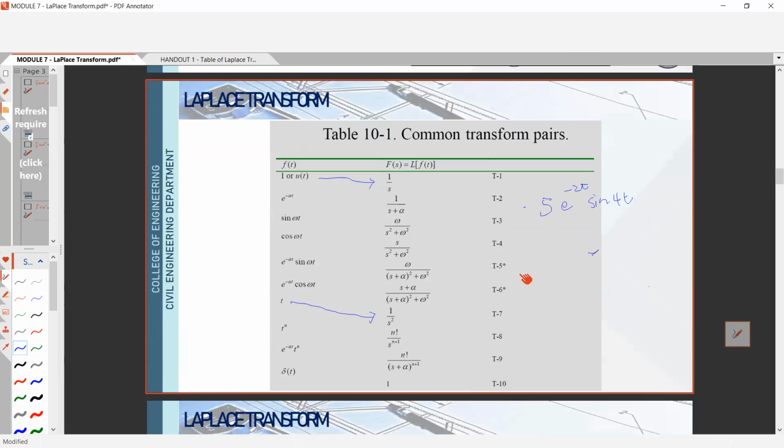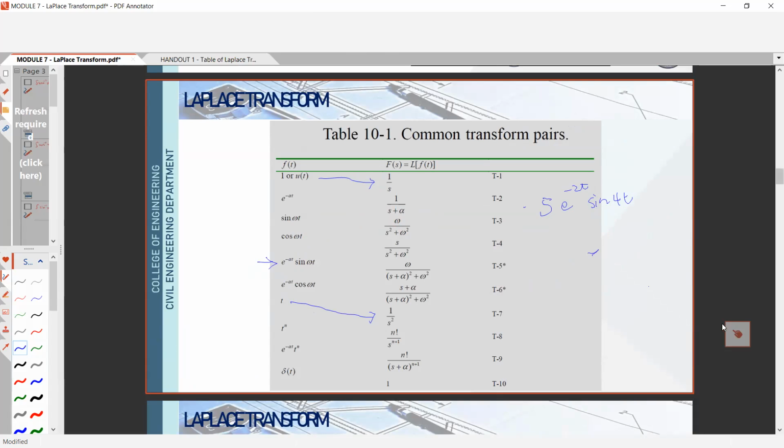Okay, so hanap tayo ng kahawig na itong e raised to negative 2t sine of 4t. Saan ba siya? This one, ito yung kahawig niya. E raised to negative alpha t sine of omega t.